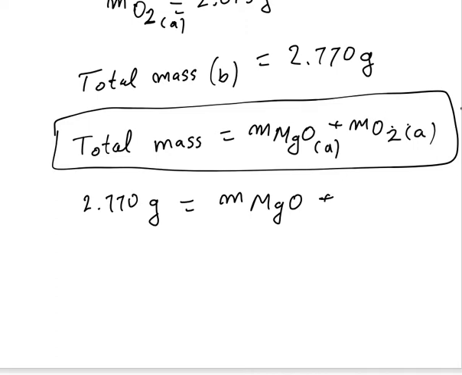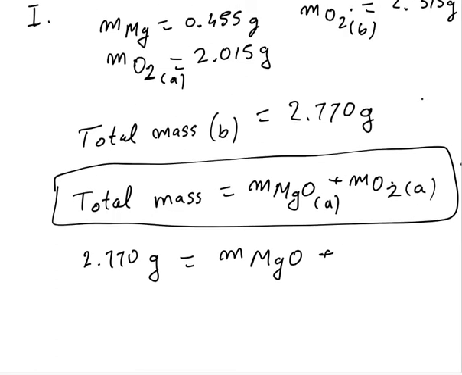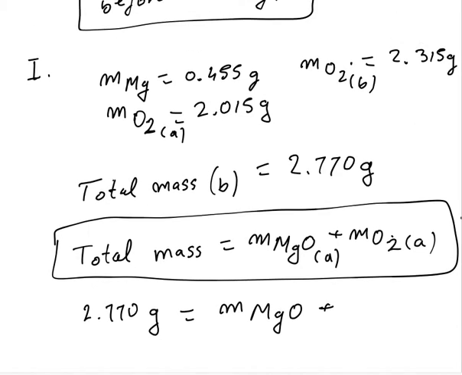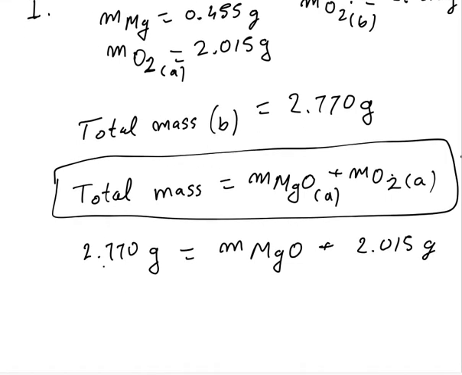Do we know the mass of oxygen after the reaction? Yes, we do, which is 2.015 grams. Now we have one unknown and two knowns, so this is pretty easy to solve.